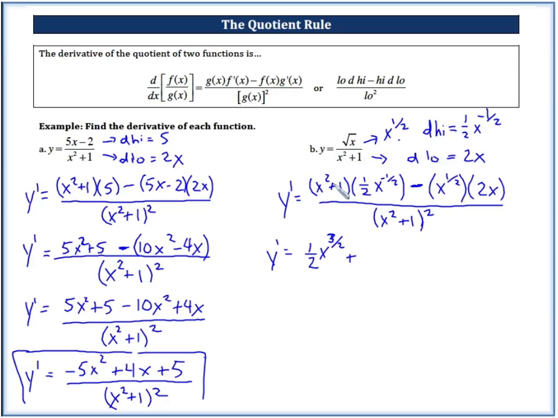Okay, and then 1 times this, so plus 1/2 x to the negative 1/2. And then minus, so x to the 1/2 times 2x, so that's going to be 2x to the, well, so this is a 1, so we want to go 1/2 plus 1, well, that's 1.5, or 3/2. And this is all over x squared plus 1 squared.